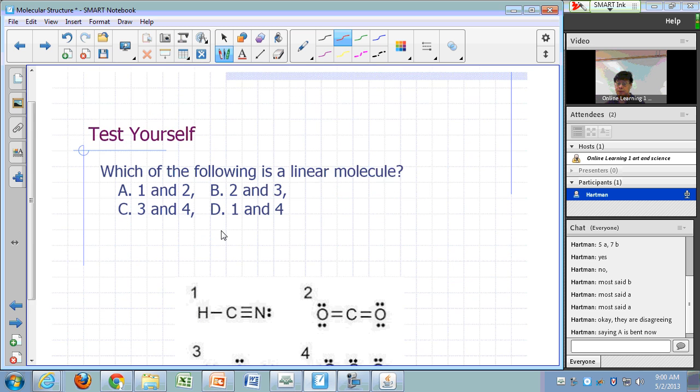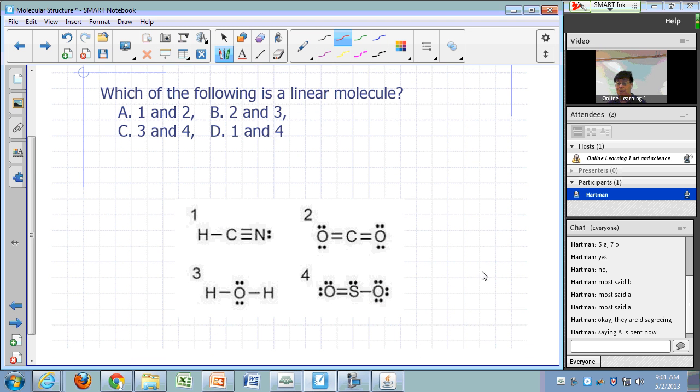How about this one? Which one is a linear molecule? 1 and 2, 2 and 3, 3 and 4, or 1 and 4? It's really asking which one has a steric number of 2, right?